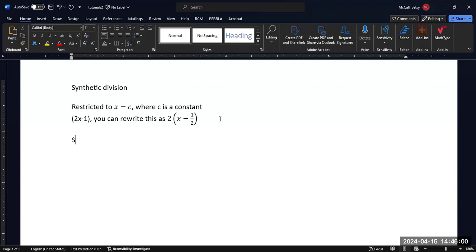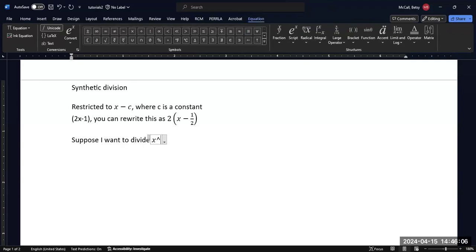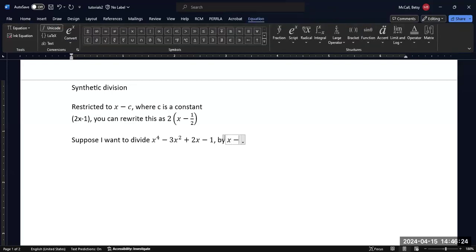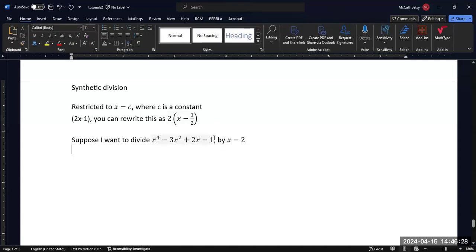Let's say I want to divide the polynomial x to the 4th minus 3x squared plus 2x minus 1 by x minus 2. Now, I know for the start that because this is a 1, this isn't going to divide evenly, and that's fine.